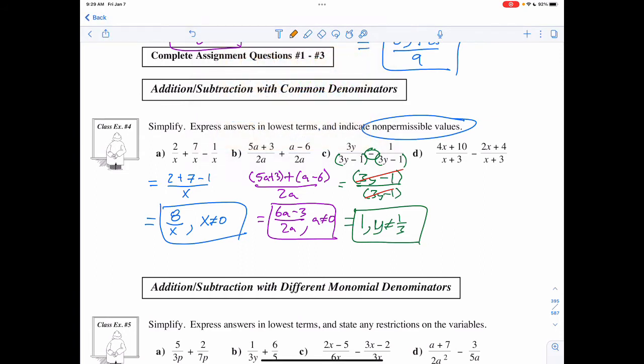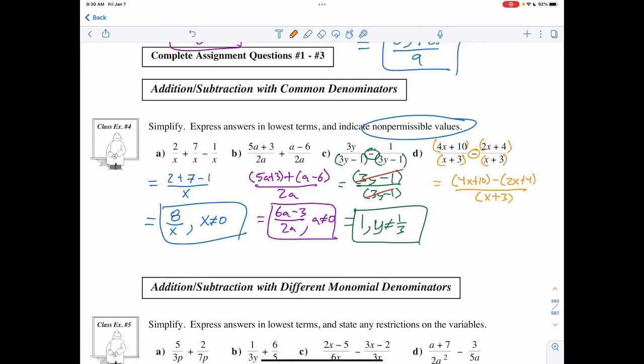And finally with the last one, same idea, binomial on the bottom, same common denominator. I'm going to watch out for that negative that exists in here. And I'm going to say that this is going to be equivalent to 4x plus 10 minus 2x plus 4 over x plus 3.